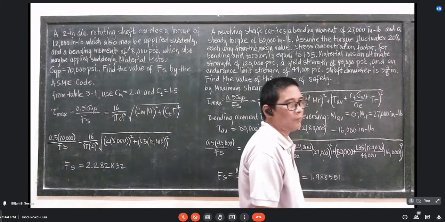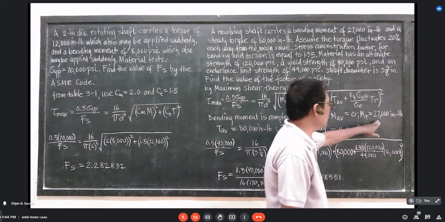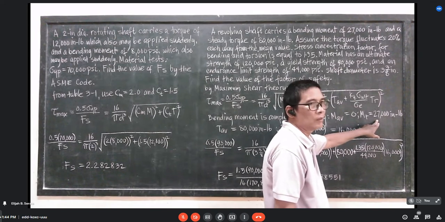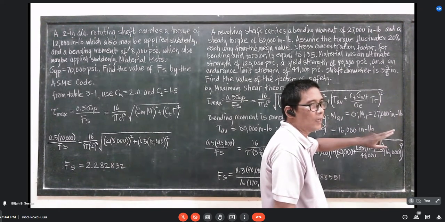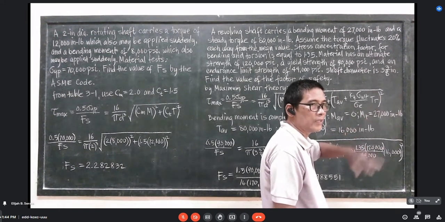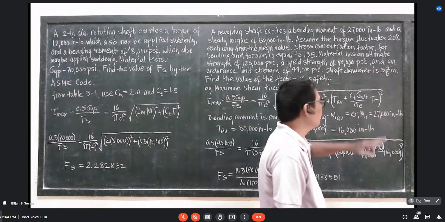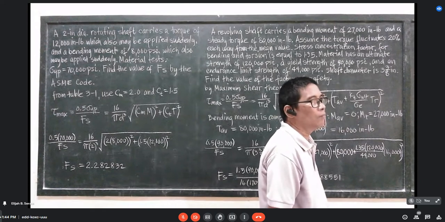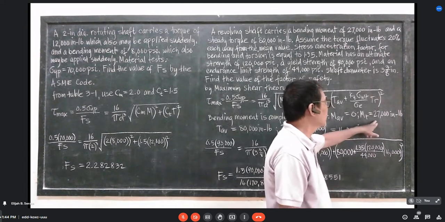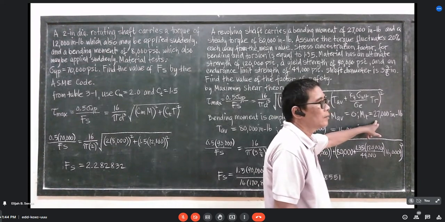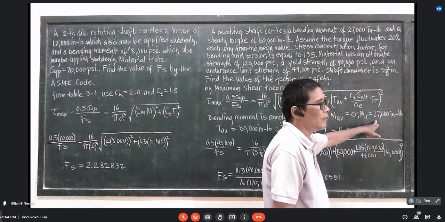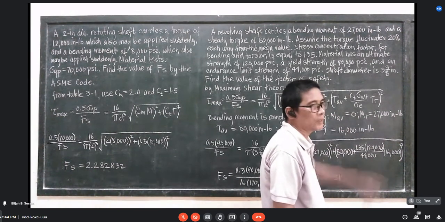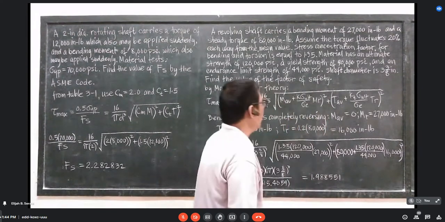Your element experiences this moment reversibly, reversing order from compressive to tensile. The effect of this on the bending moment is an alternating stress, alternating from compressive to tensile. So it belongs to the range moment.